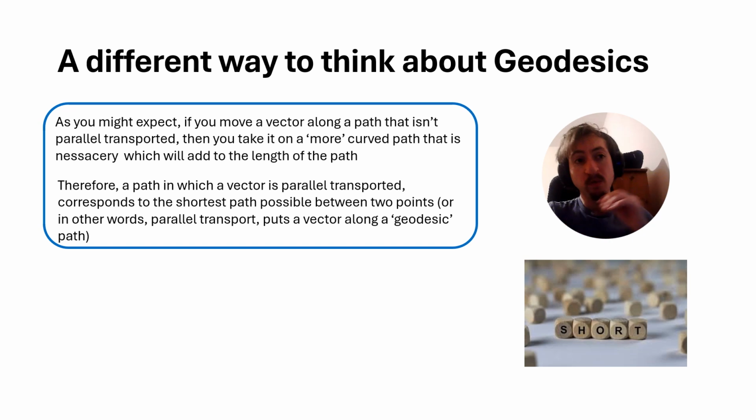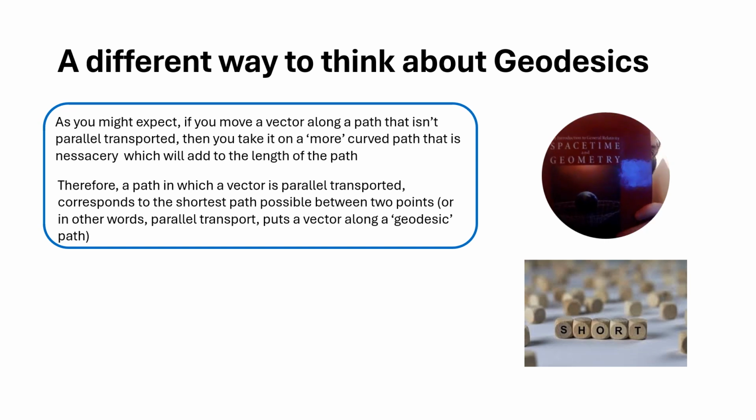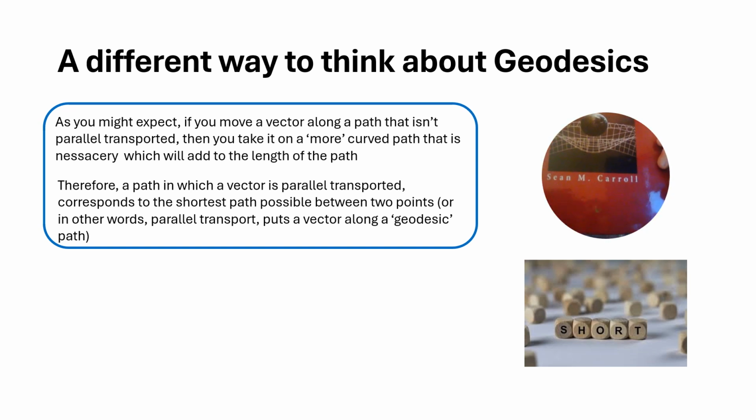And if you want to prove it mathematically, now I'm not going to go over in detail how to do it because it's quite complicated. A book you can find on how to do it is this book. It's Spacetime and Geometry by Carroll.